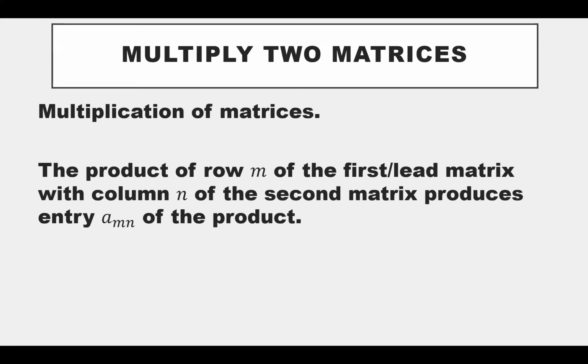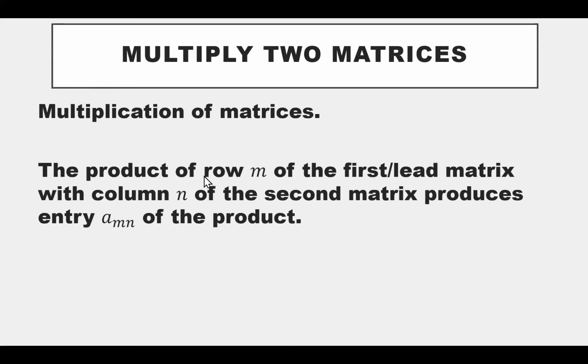If we're going to multiply one matrix times another matrix, the product of row M of the first matrix, which is also called the lead matrix, will multiply with the column N of the second matrix, and that will produce entry AMN of the product matrix.